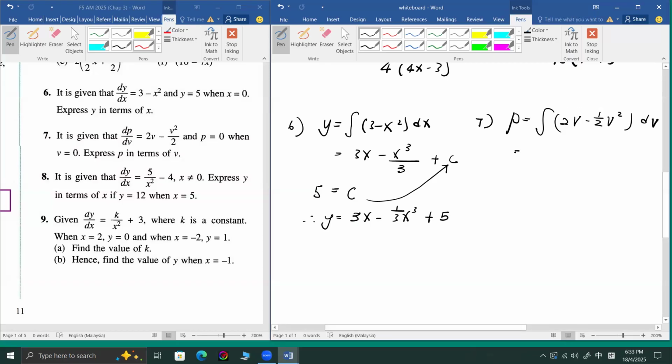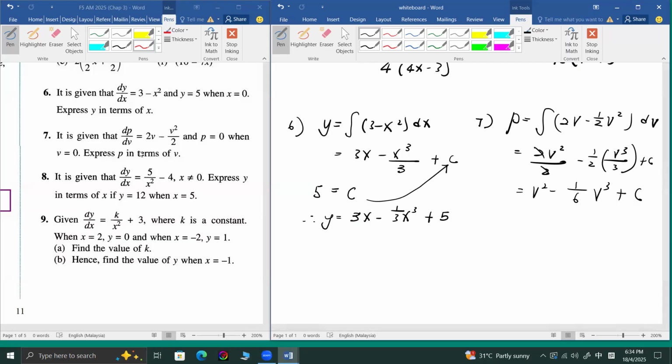See how I do? 1 plus 1, I got 2. Half V, 2 plus 1, I got 3. So simplify. V squared, 1 per 2 times 3 there, 1 over 6 V cubed plus C.